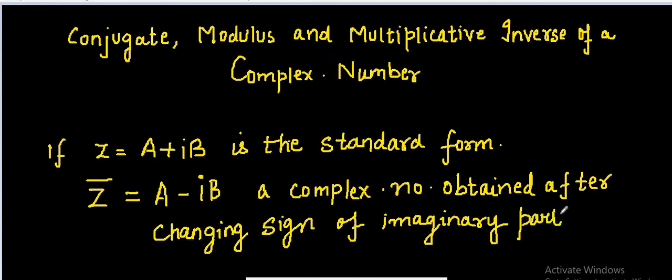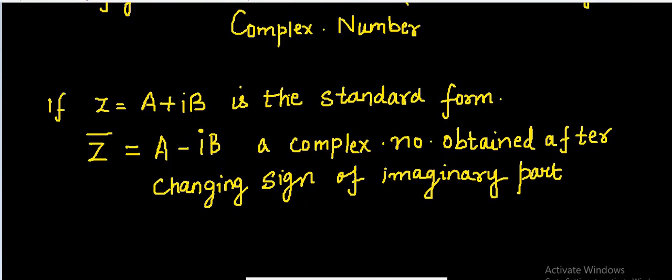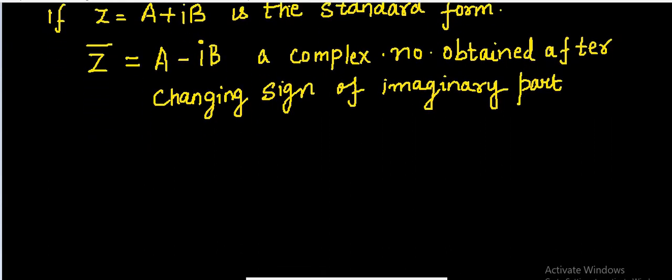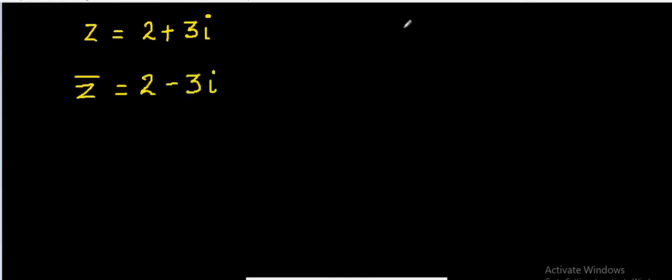So what is conjugate? Conjugate of a complex number is also a complex number which is obtained by changing the sign of imaginary part. For example, if I have z as 2 plus 3 iota, then what will be z conjugate? As it has imaginary part as 3, you have to change the sign of 3 only. So you will get 2 minus 3 iota.